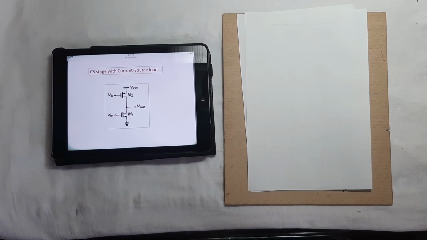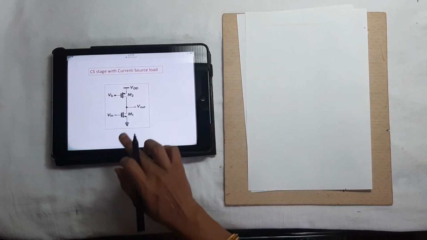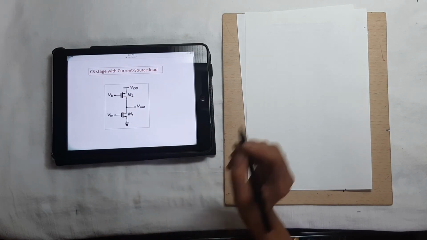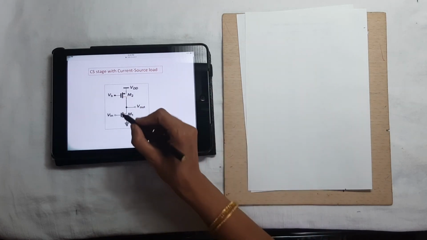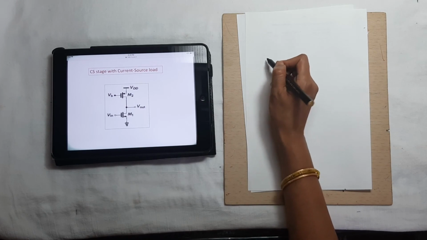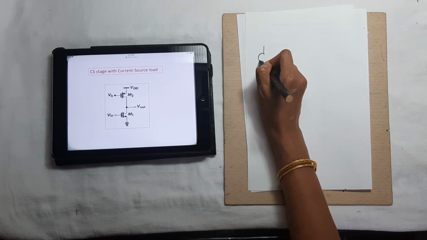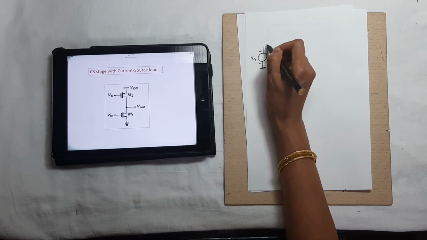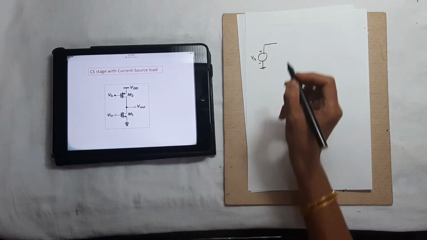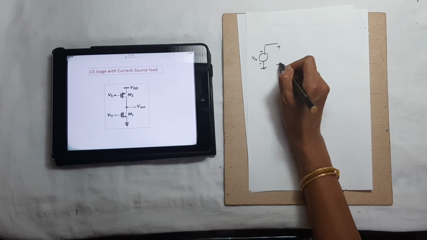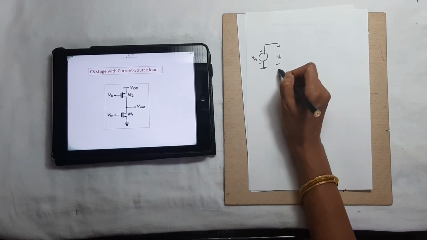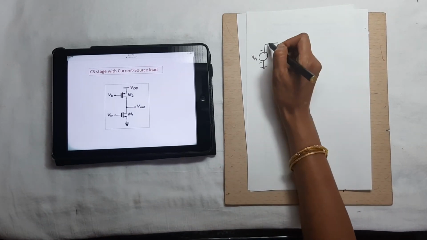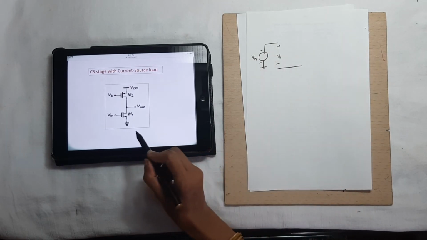To derive the expression for the voltage gain, we will draw the small signal equivalent circuit of this. See, here there are two transistors. So, let us start from the first transistor, that is the M1 transistor, where the input voltage is applied. So, we have the input voltage Vin, this is the gate terminal, and this side is the source terminal.